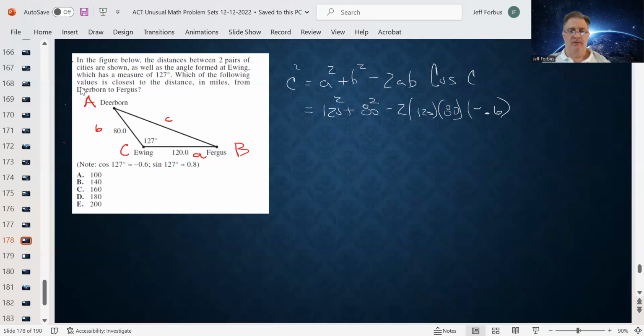Okay, now just do your math. 120 squared plus 80 squared is going to give us 20,800. Now, a minus 2 times another negative over here is going to make everything positive, so this sign is going to become positive. 2 times 120 times 80 times 0.6 is going to come out to 11,520.